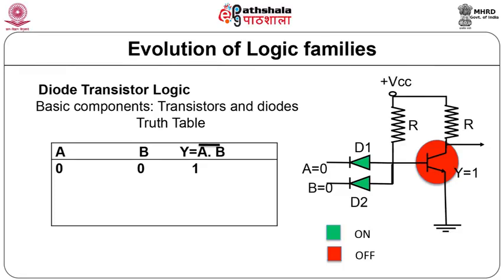Let A and B both be 0 0. So, the diodes D1 and D2 both will be on, but the transistor will be off. So, output will be logic 1. When A is equal to 0 and B is equal to 1, then diode D1 is on but D2 is off as it is reverse biased, and the transistor will be off. So, output will be logic 1.